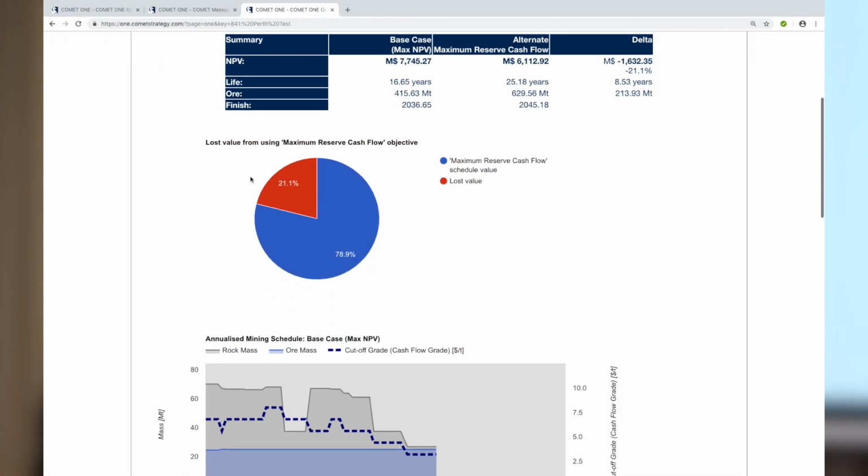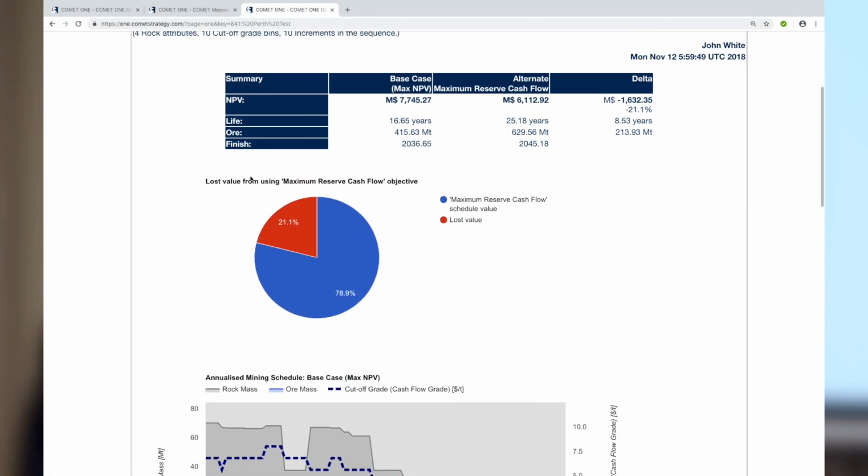And you see now we've got a comparison of these 2 different schedules. Firstly from a number point of view, we've got our base case maximised NPV, and our alternate case, which was maximising the reserve cash flow. We lost about $1.6 billion. So that was a bit of a shame, 21%.